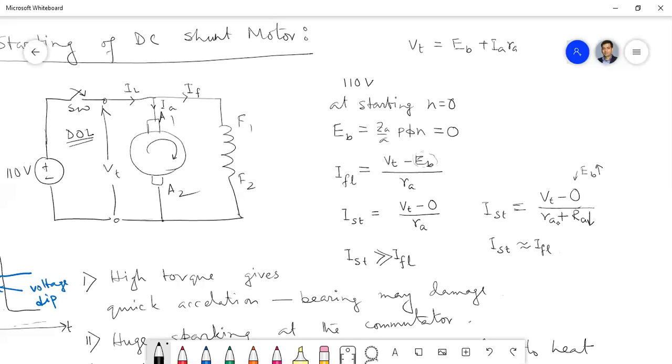There will be no harm. So if I can select the value of Rs such that with the assumption of Eb equals 0, it gives an Ist which is almost equal to the IFL, then the problem can be avoided. So that is one suggestion I got. Any more suggestions?